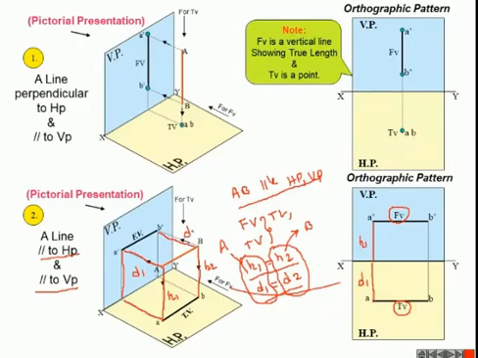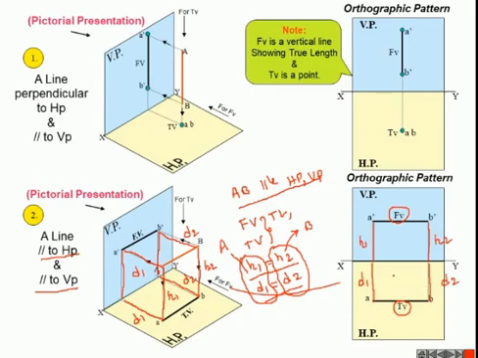This H2 is also projected on the vertical plane, so this is H2. And this length D2 is projected on the horizontal plane, so this one is D2. This one is D1, and this is D2.